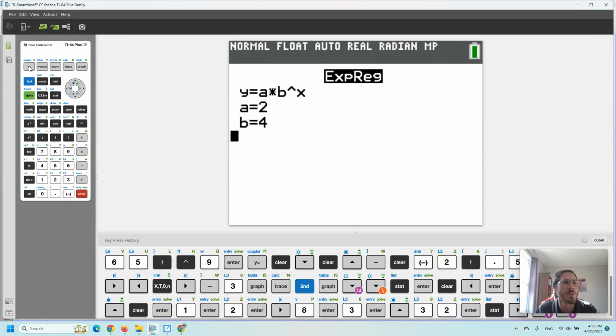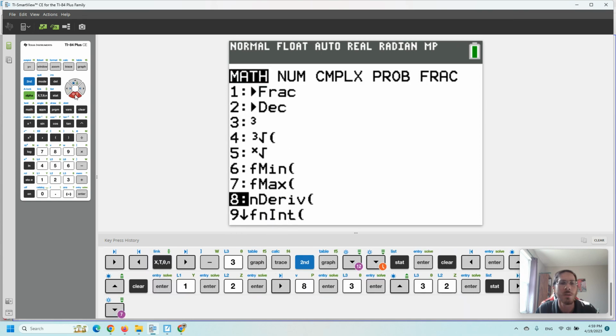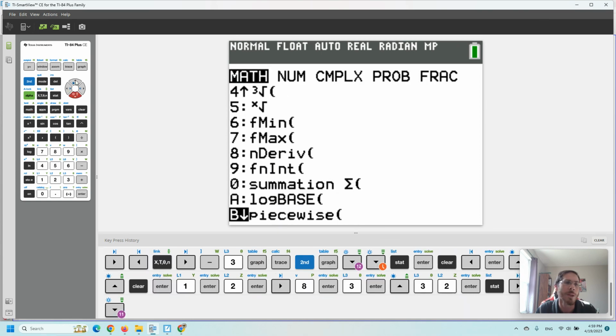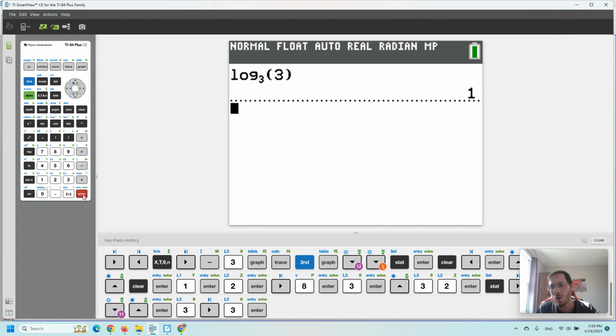So log base 3 of 3. We're going to have to go math, and we have to go down to log base. Remember, if your calculator does not have log base, you have to use the change of base formula. But log base 3 of 3 is 1. If I don't have the log base, to do the second one, we want to do log of the big number.